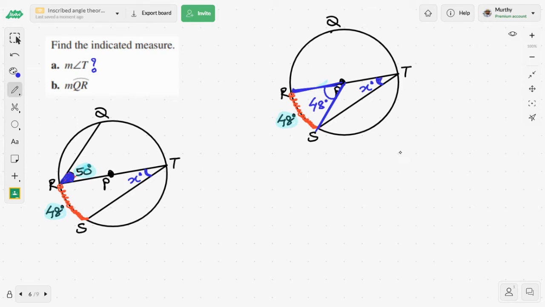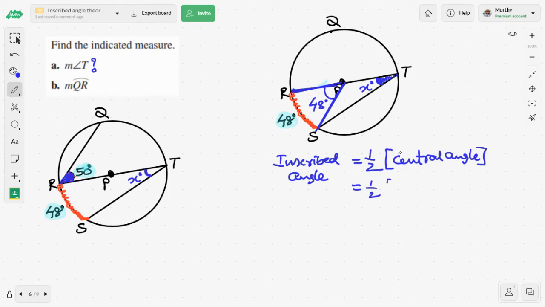And what is the value of x? Now it's a very simple task, because we know that inscribed angle equals half of the central angle. So in this question there are two parts, but if you take it as a whole it's really confusing.